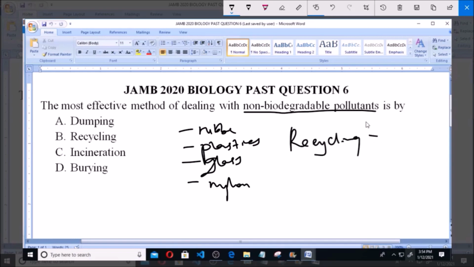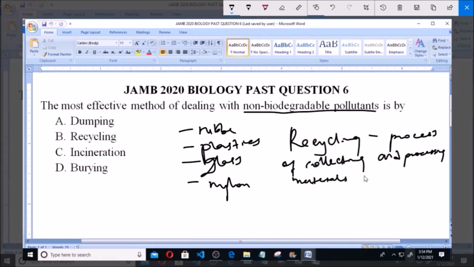Now, recycling refers to the process of collecting and processing materials that would otherwise be thrown away.